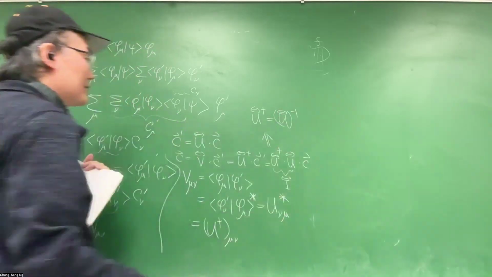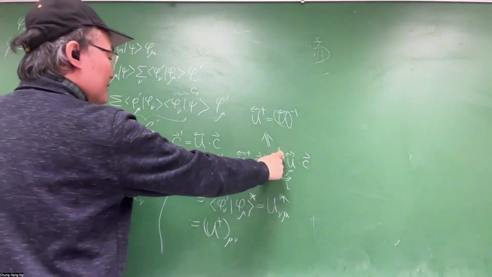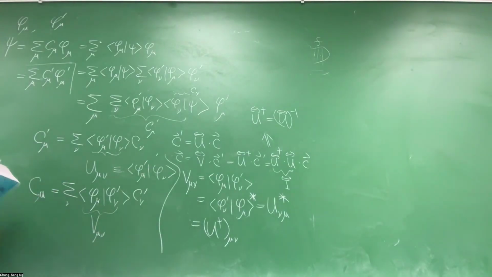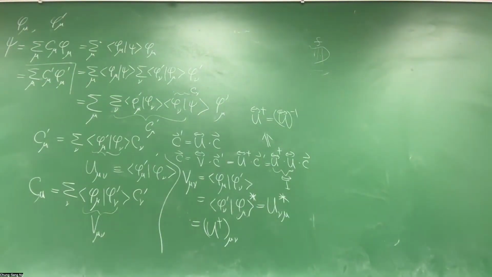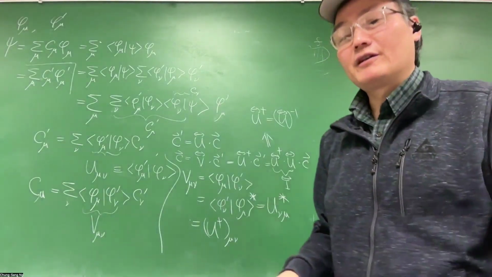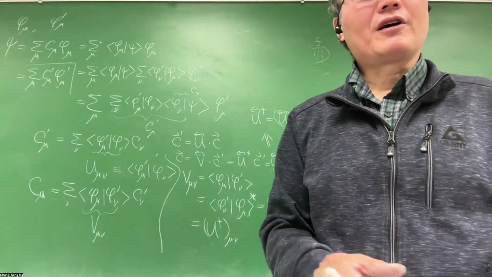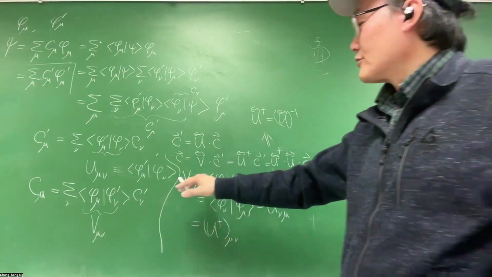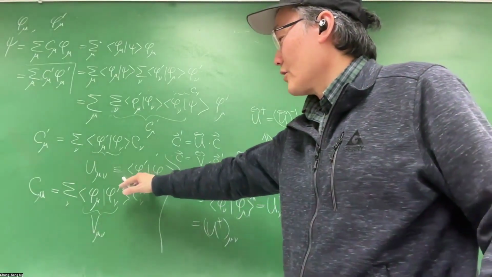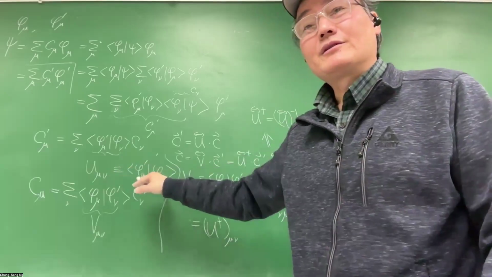And I'm keeping this vector notation just to indicate that this is not a vector or an operator within a vector space as usually defined. This is just a matrix element, defined by the scalar product of the old basis and the new basis.